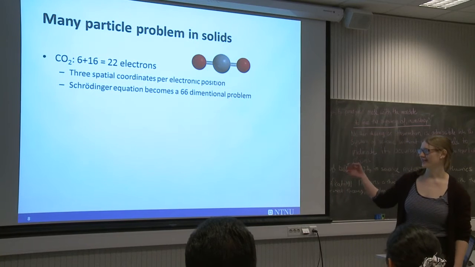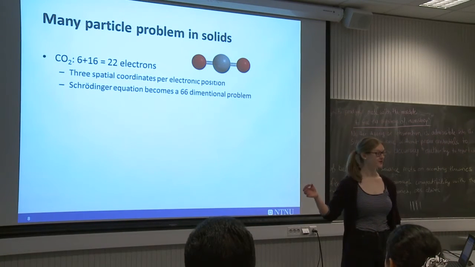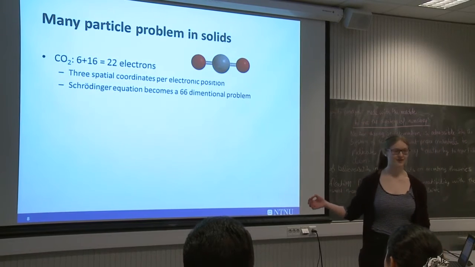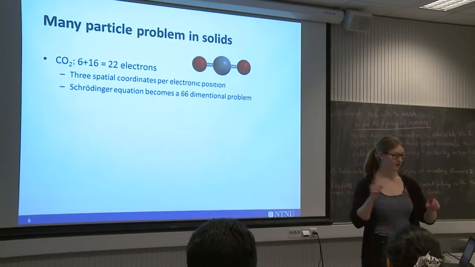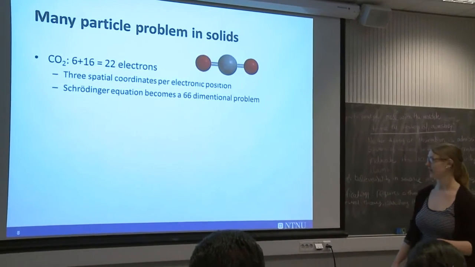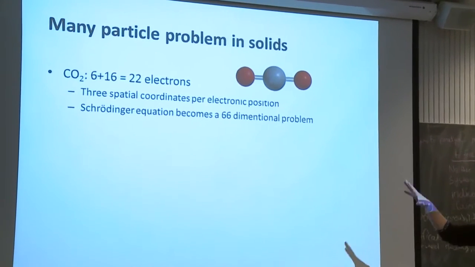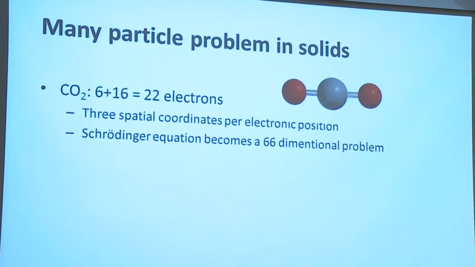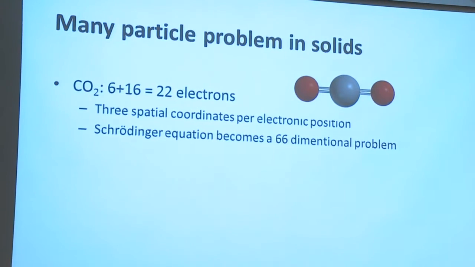The carbon dioxide molecule consists of 22 electrons. Each electron is described by 3 spatial coordinates. That means that solving the Schrödinger equation becomes a 66-dimensional problem.